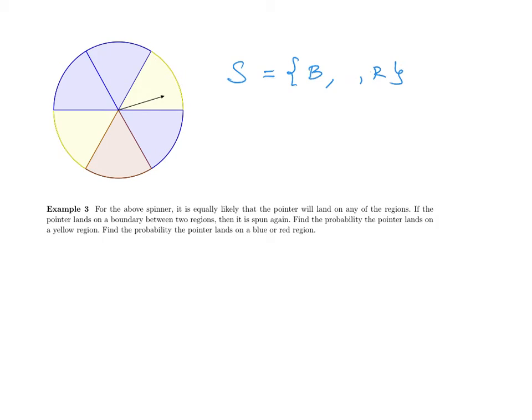And this actually is a bit of a mistake. It's true that these are the 3 things that could happen, but there are 3 blue regions, 2 yellow, and 1 red. So unfortunately, this really doesn't work. We have to be a little more careful here for the sample space. So you might want to label the regions 1, 2, 3, 4, 5, and 6.